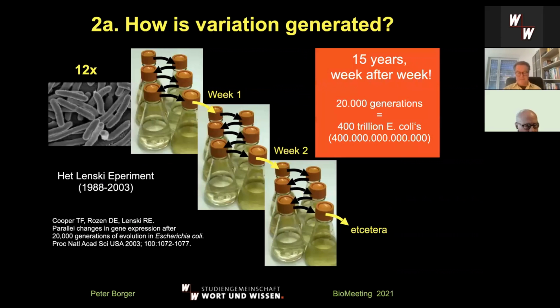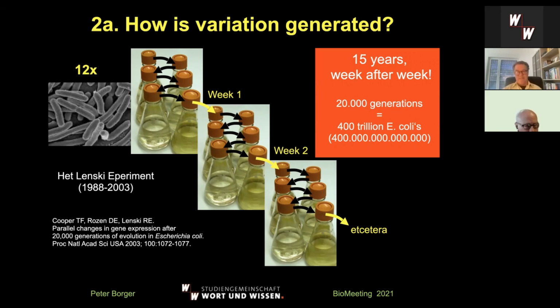And this is also clear from one of the most important experiments of the last 20, 30 years, the so-called Lenski experiment. I studied these experiments quite intensively in the early 2000s, because I was very intrigued by how bacteria, which he cultured for years and years and years, were able to change over time.